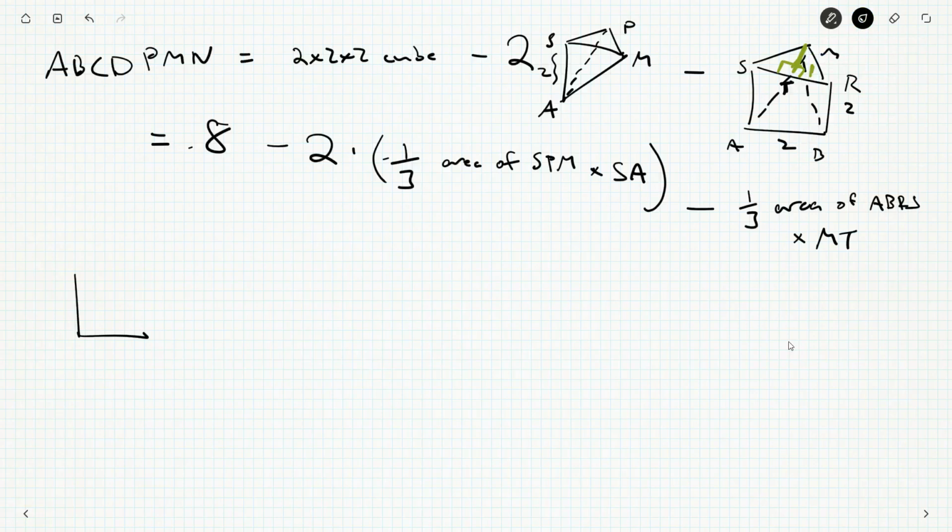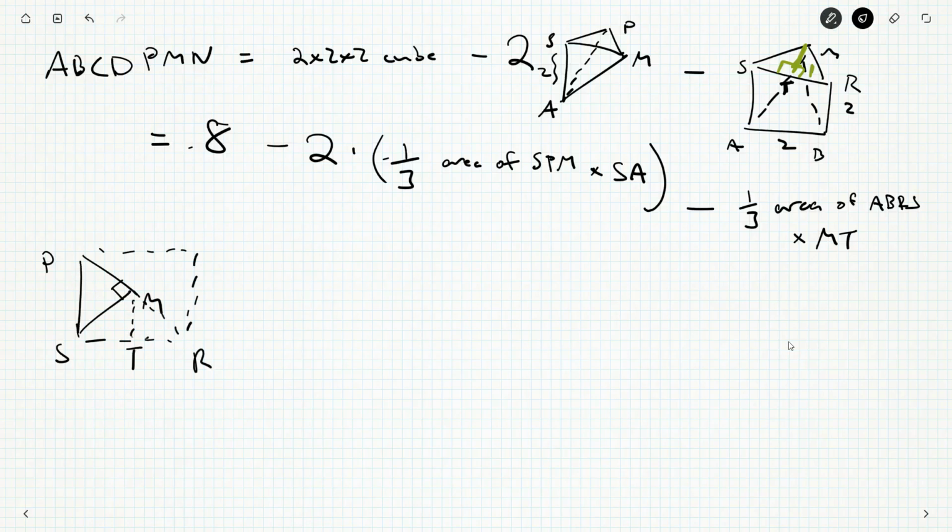So now SPM looks like this. It's also going to be a right angle. You get T here, and then here's N. So I know that this is 1, and each of these is root 2.